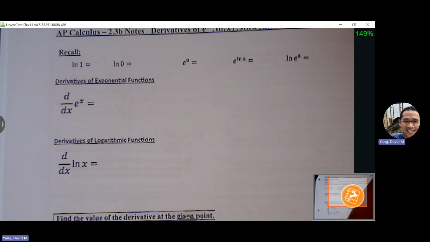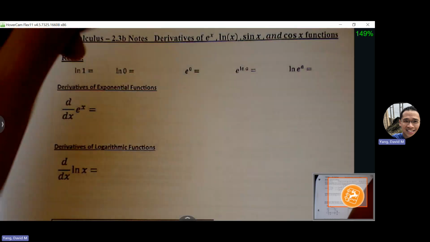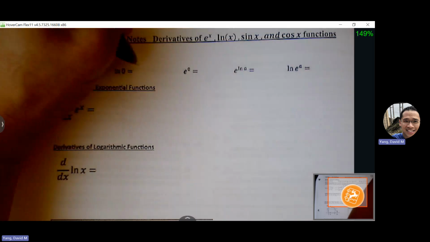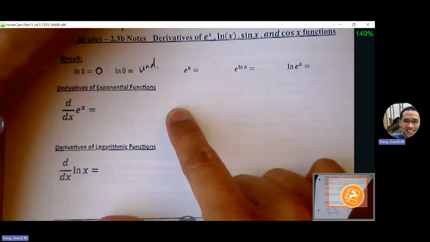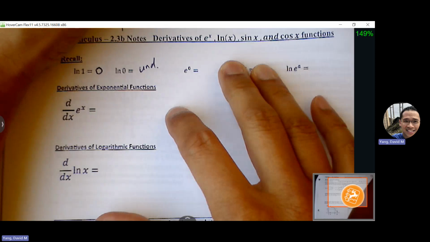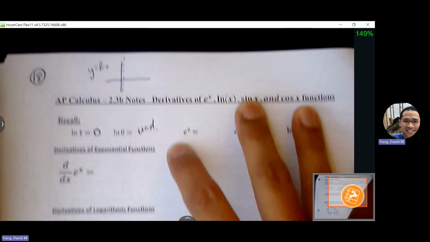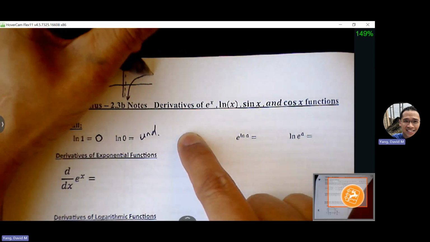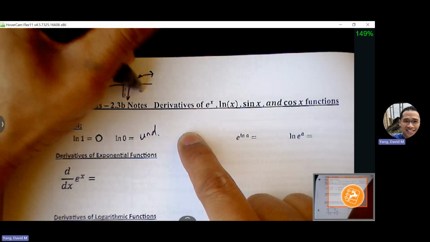So here are some helpful values. Natural log of 1. Anyone know what natural log of 1 is equal to? 0. Yeah. What about natural log of 0? Undefined. Yeah. If you think about your natural log graph, there's a vertical asymptote at the y-axis, and the graph goes through 1, 0, and it goes through e, comma 1.